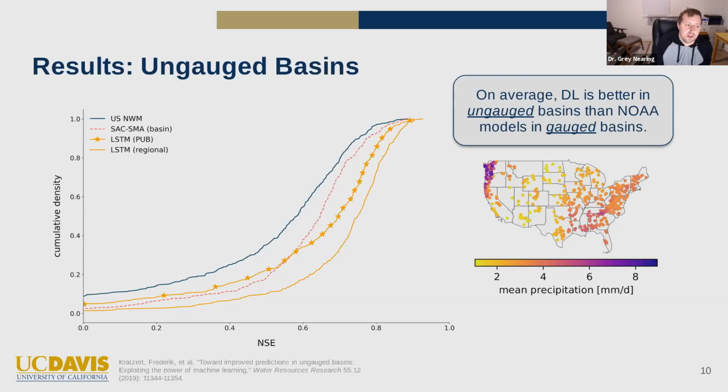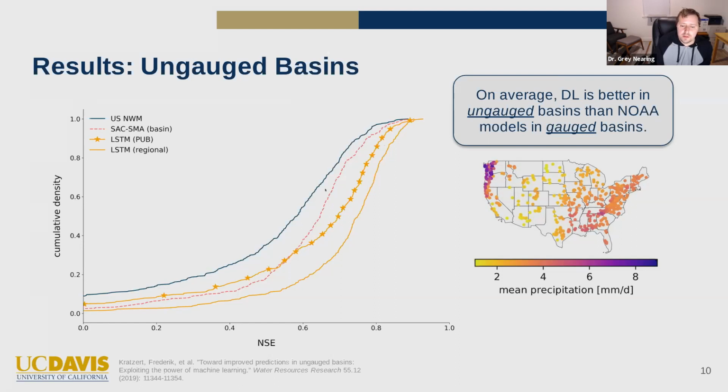Just to be clear, the Sacramento model that we're comparing against here is calibrated separately for each individual basin, and it was calibrated by NCAR, so not by our group, but by the group that really runs this model. The U.S. National Water Model is also calibrated by NCAR, which is the group that developed that model.